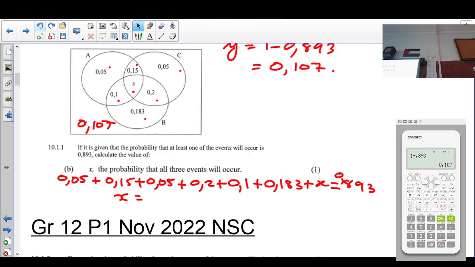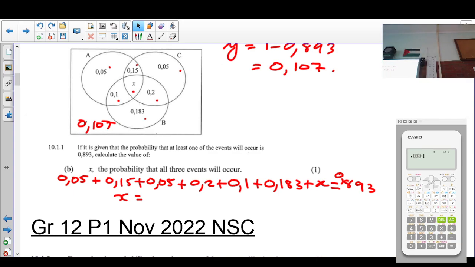So x is equal to 0.893 minus 0.05 minus 0.15 minus 0.05 minus 0.2 minus 0.1 minus 0.183.